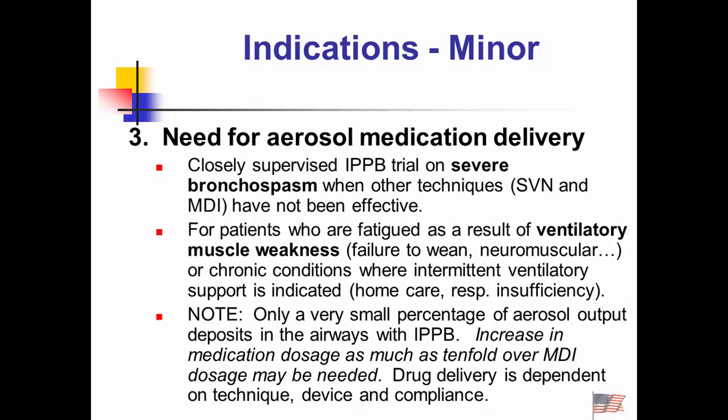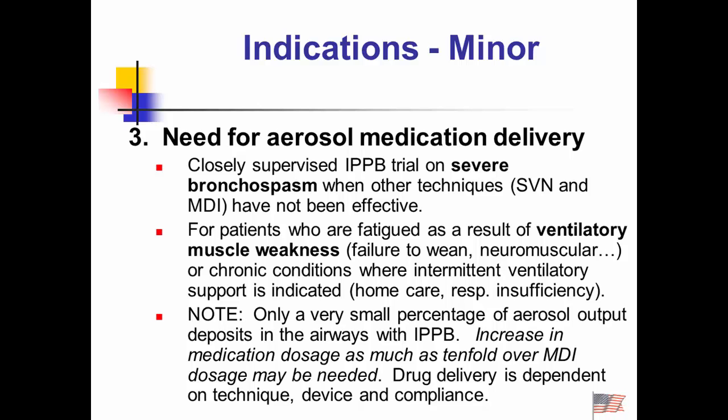A third one is if I need to have medication delivery. Well, small volume nebulizers, metered dose inhalers, DPIs, those all deliver medications quite effectively. But somebody perhaps who has severe bronchospasm where they just can't get the air in, I could push it in. I can use positive pressure to make that medication get down to where it needs to be. Same is true for patients that have too weak of muscles to take a deep breath.